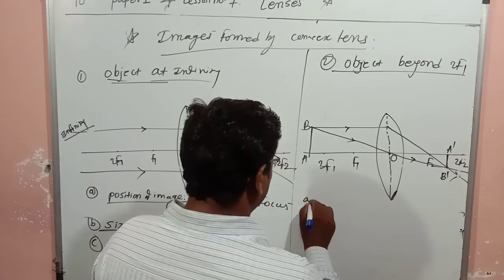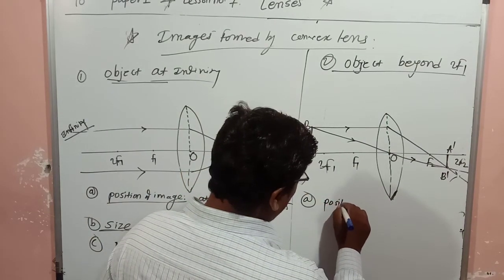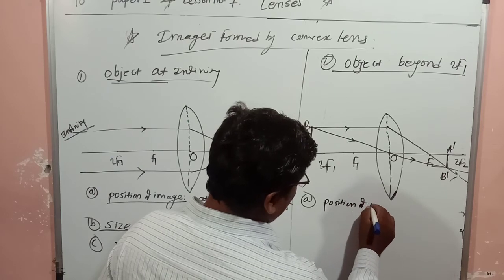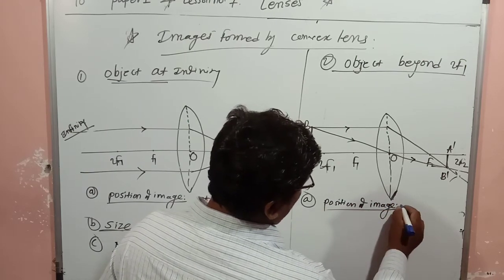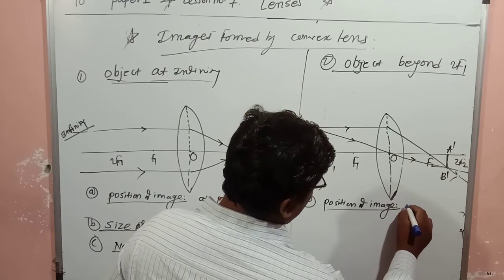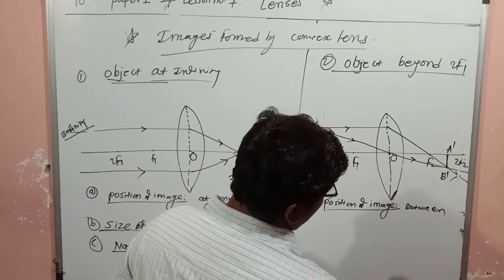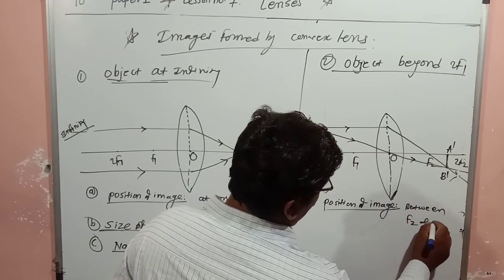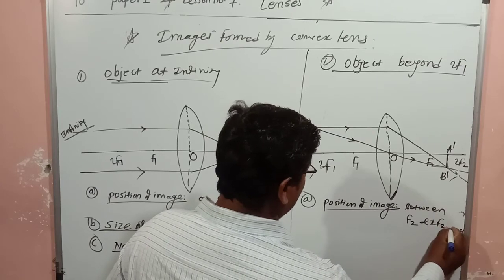So the first point is the position of the image, where the image will be produced. The image will be between f2 and 2f2.